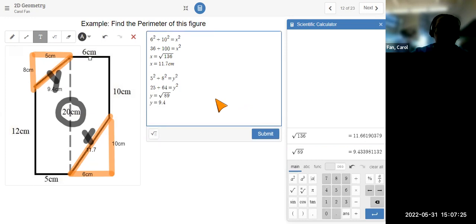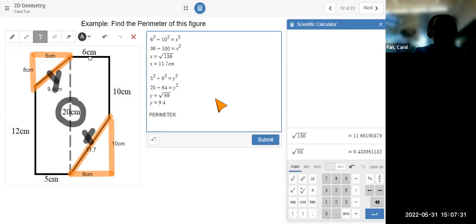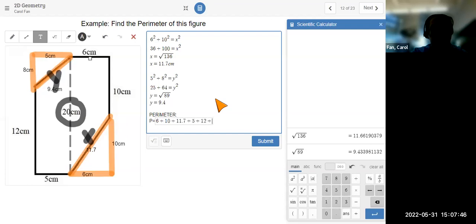Okay, now we're going to get our perimeter. We're going to add up all of the sides. So P is equal to 6 plus 10 plus 11.7 plus 5 plus 12 plus 9.4.